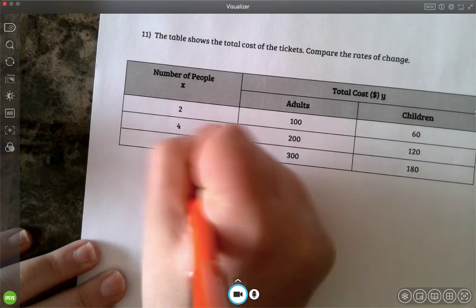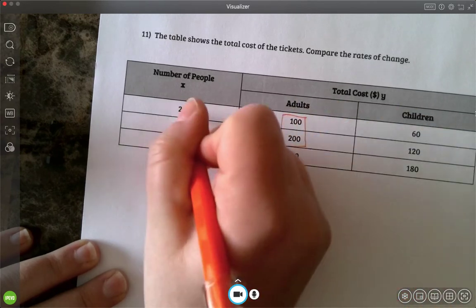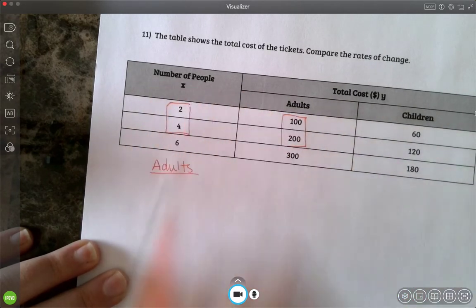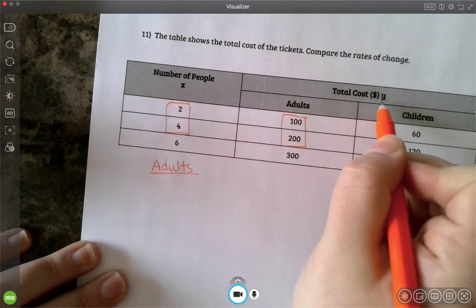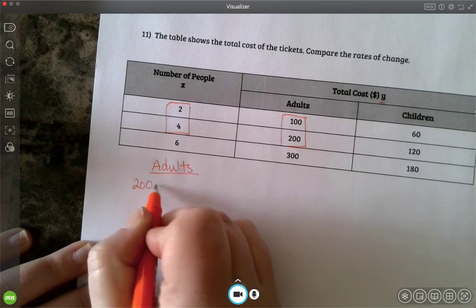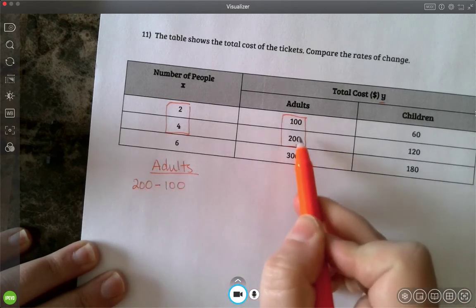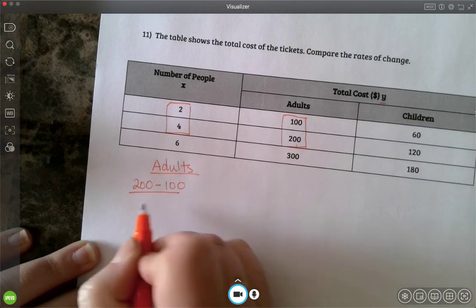And I'm going to use just my first numbers. So again, we start with our y value. So I have 200, and I'm going to subtract the number that came before it. So 200 minus 100 over 4 minus 2.